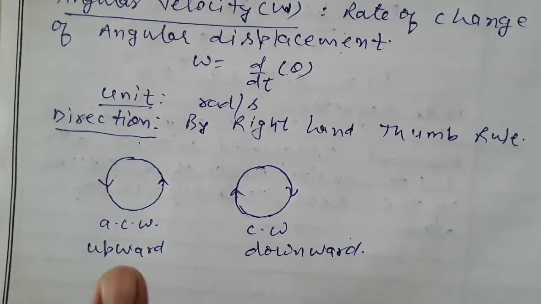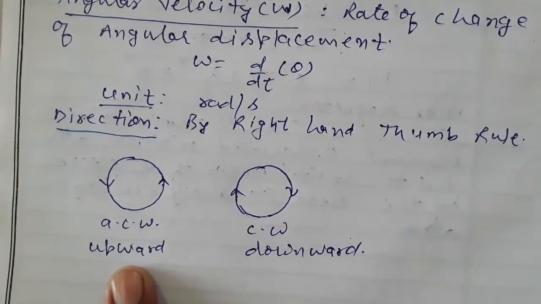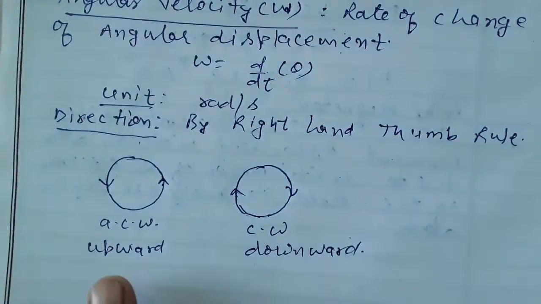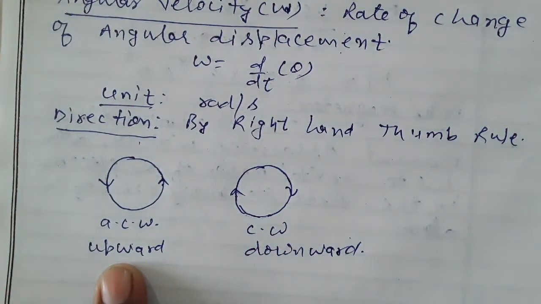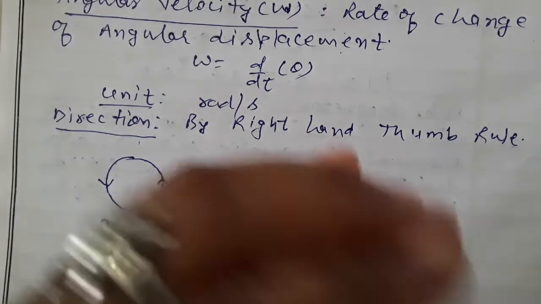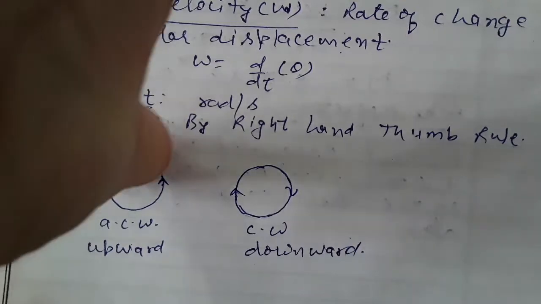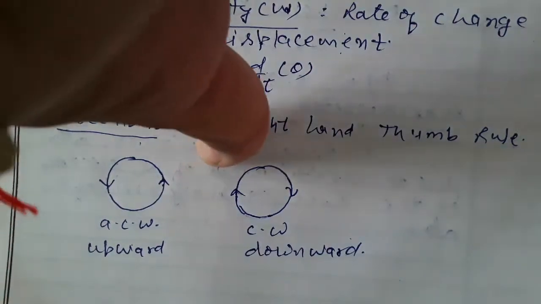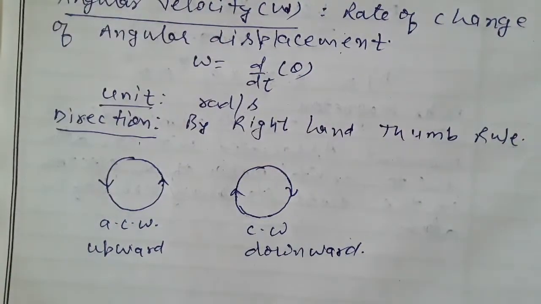In the first case, the object is moving in the anti-clockwise direction, so the thumb points upward, and the direction of angular velocity will be upward. In the second case, when the object is moving clockwise, the thumb points downward, so the direction of angular velocity will be downward.